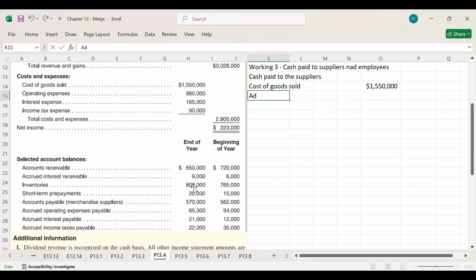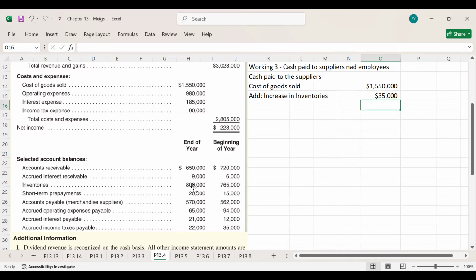So now we are going to add the increase in inventories. So 35,000 is the increase.